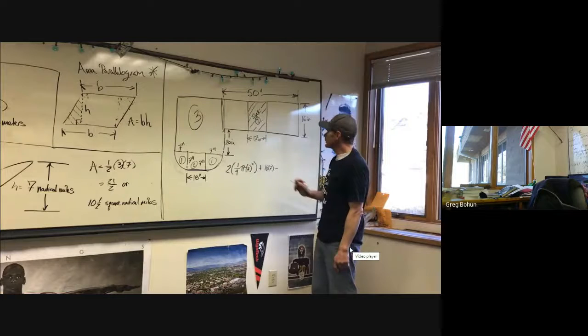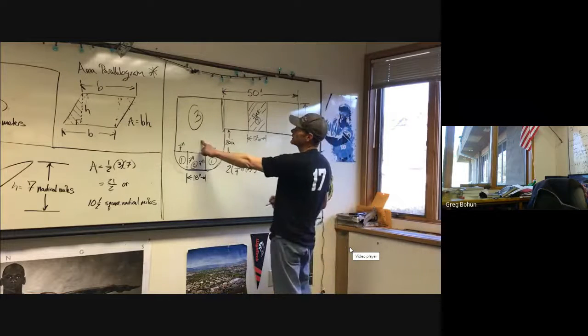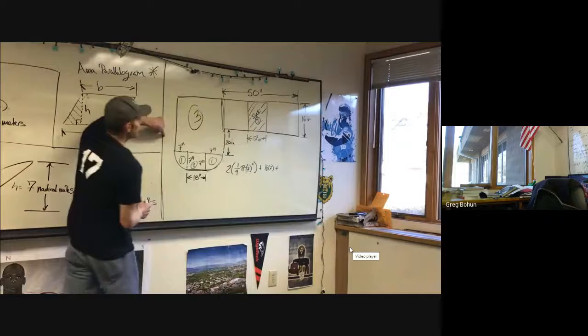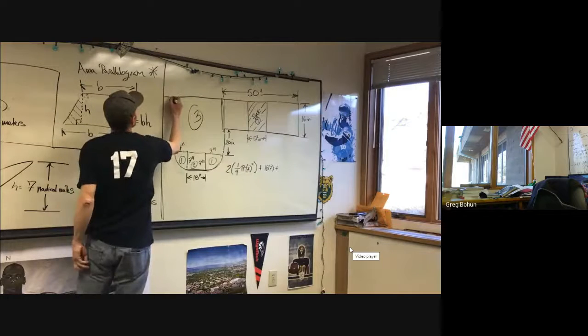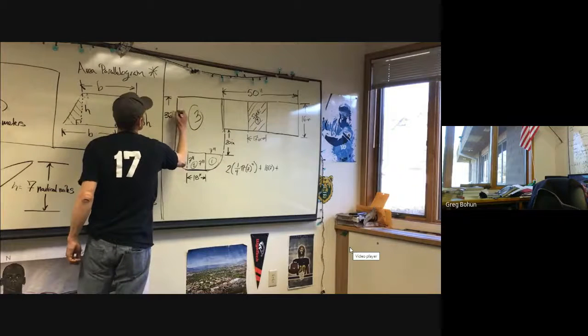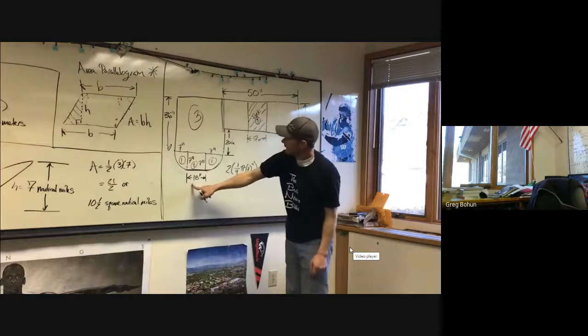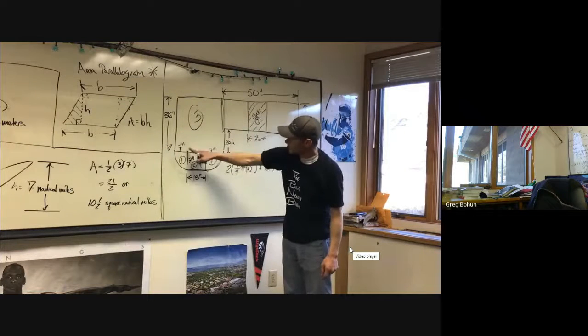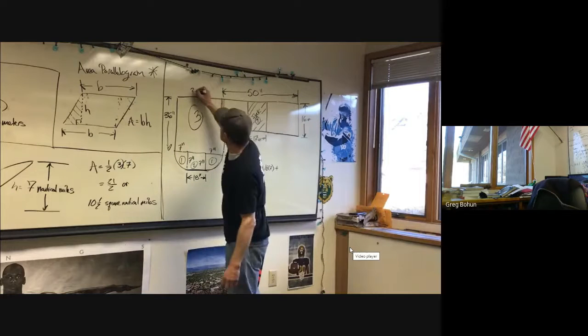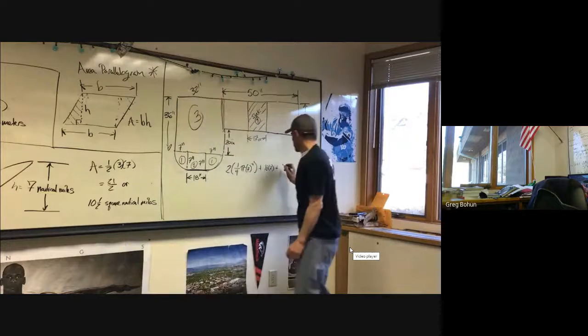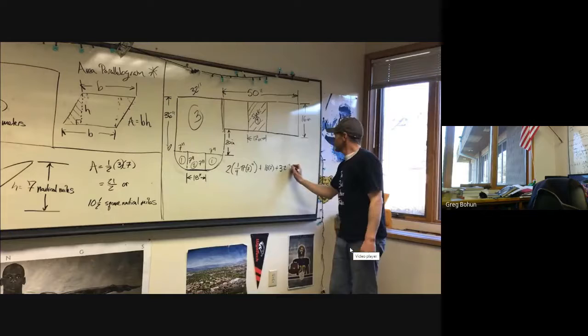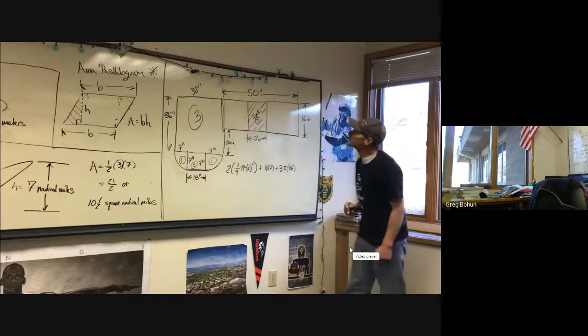minus, oops, no, we're still adding, plus this piece. This has a length of 20 and then a length of 16, so a total length of 36 inches. And it is 36 by 18 plus 7, so 32 inches. So we're going to add 32 times 36.